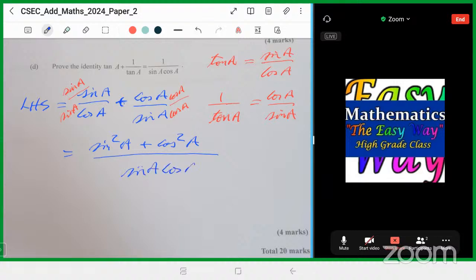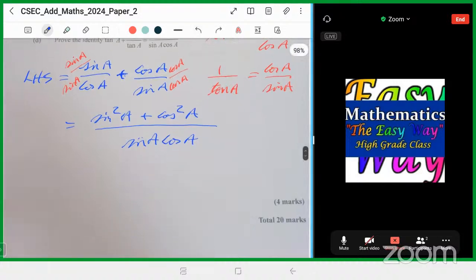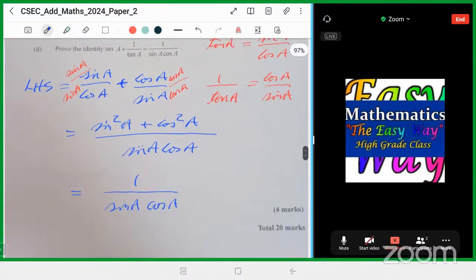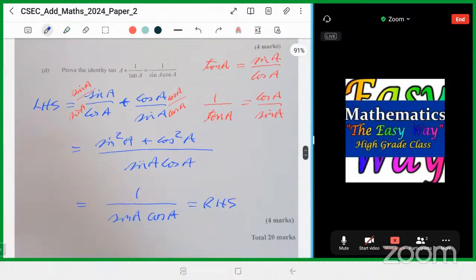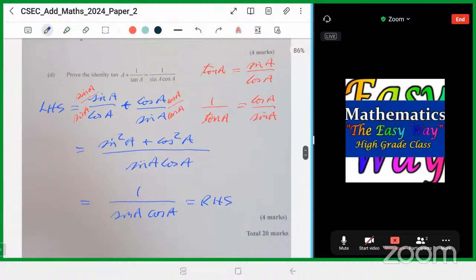And then the sine squared plus cos squared on there is 1. So this becomes 1 over sine of A cos of A, which is the right-hand side that they gave us here. That is the right-hand side. And this question is done. Easy paper.